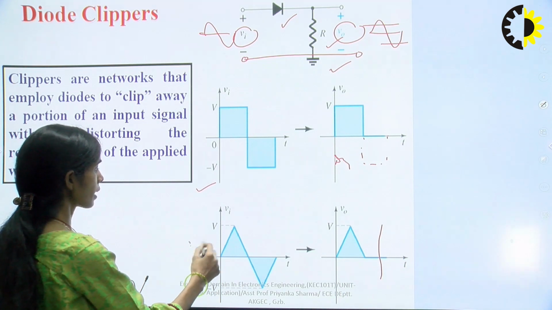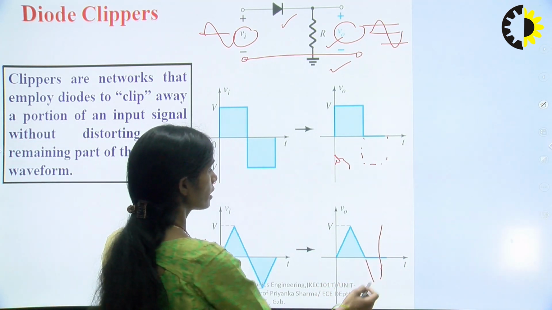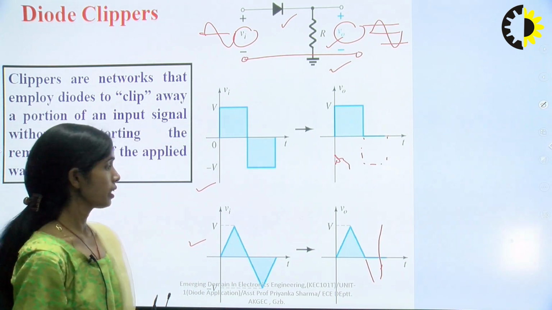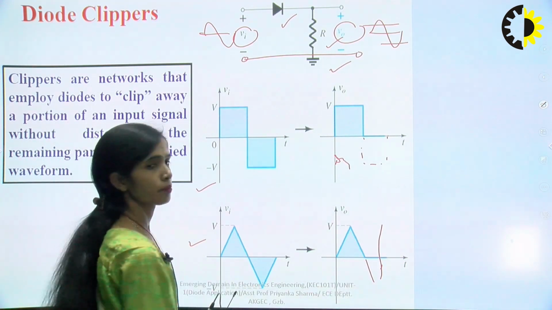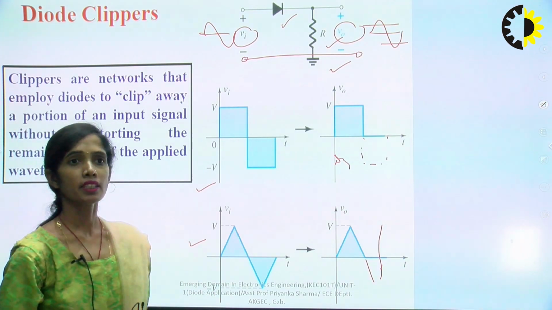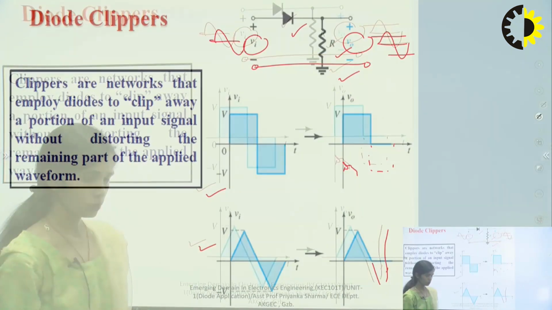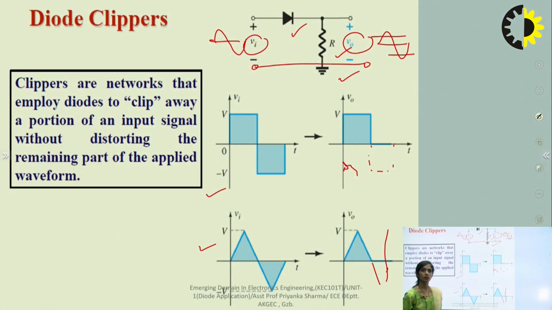If we have a triangular signal, here also we see the negative cycle is missing, so we can say the negative cycle is clipped. These clipping options can be generated by forming different networks with the help of diode circuits. We can see the different diode networks which can clip the signal at different portions.